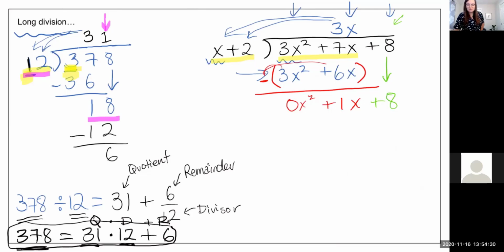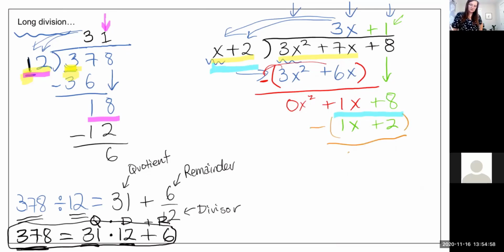Now in my second step, I'm looking at this going into that. So I think, how many times will I have to multiply? Really, I just want a 1 here because 1 times x is going to be 1x, and 1 times 2 is going to be plus 2. And you're doing that same subtraction step now.